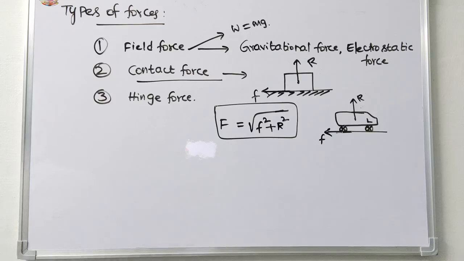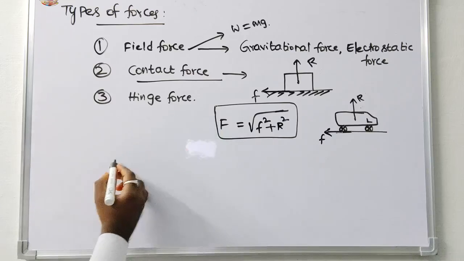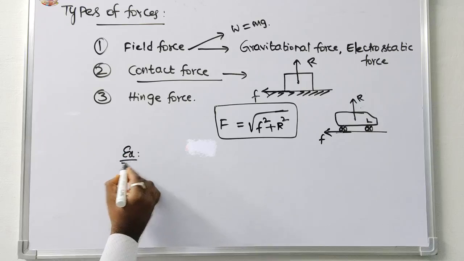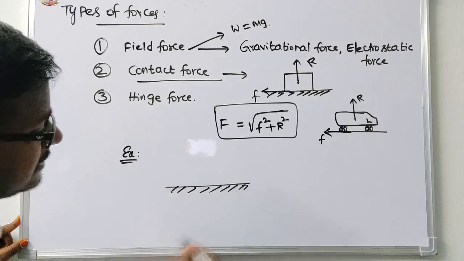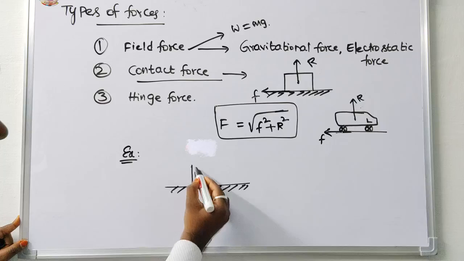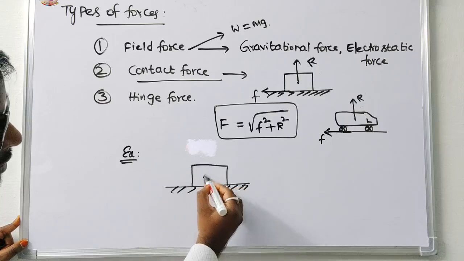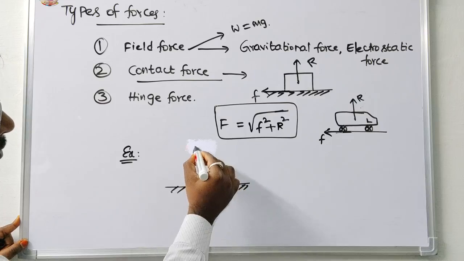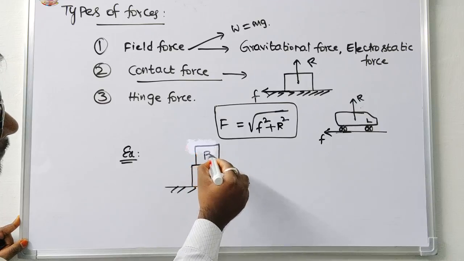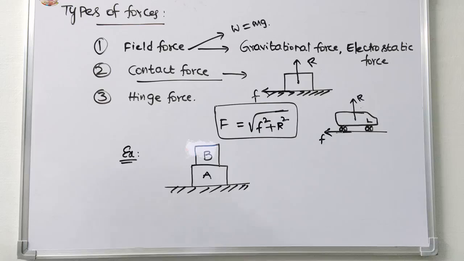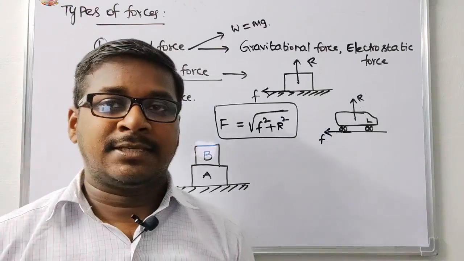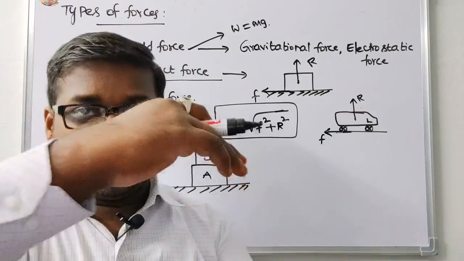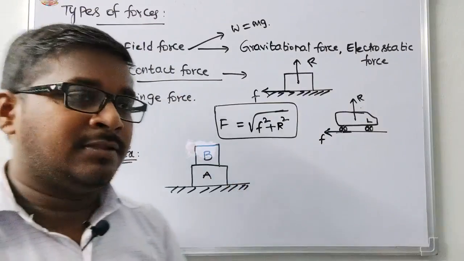Now, an example of contact force. Two objects, this is A and this is B, two blocks lying one over the other like a building.